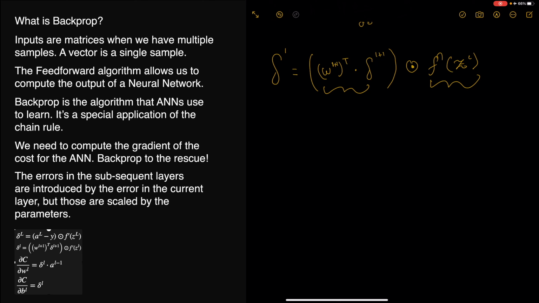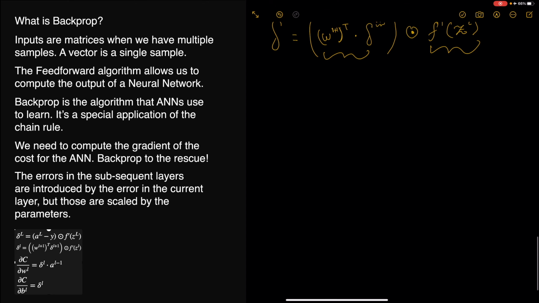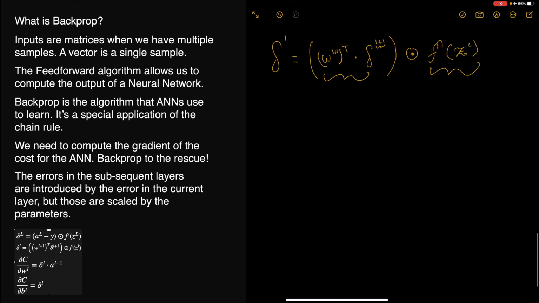And here's a little hint. We are propagating the error backwards, right? This is why this is L plus 1. And look at the weights. The weights matrix has a dimensionality which depends on the number of input neurons and the number of output neurons. But now we are going the other way around.